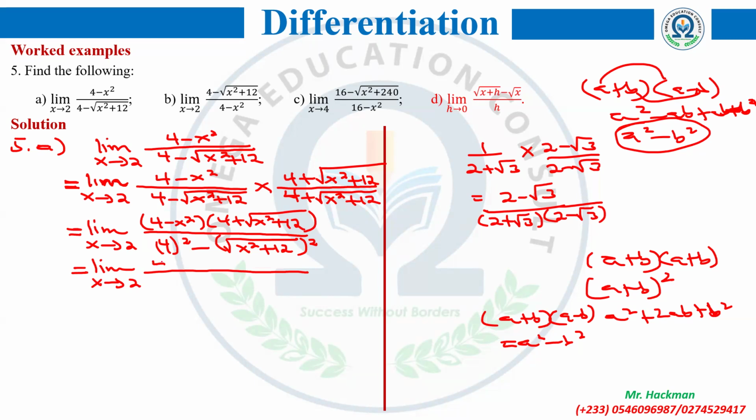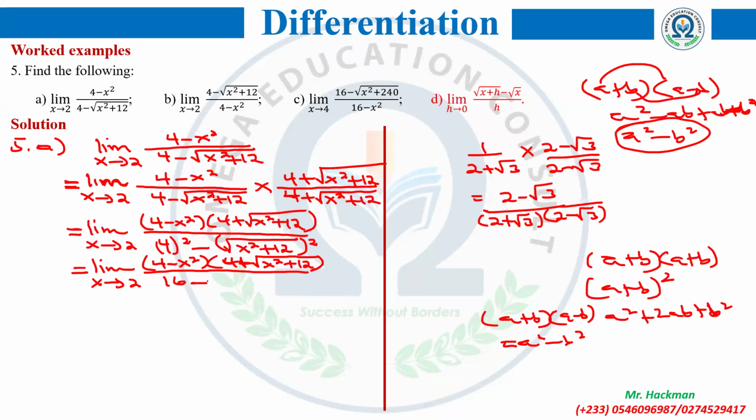It will still be 4 minus x squared, into 4 plus root of x squared plus 12. I hope you are following. Don't forget to close your brackets there. Then the denominator, 4 squared we know is 16. Is that not it?